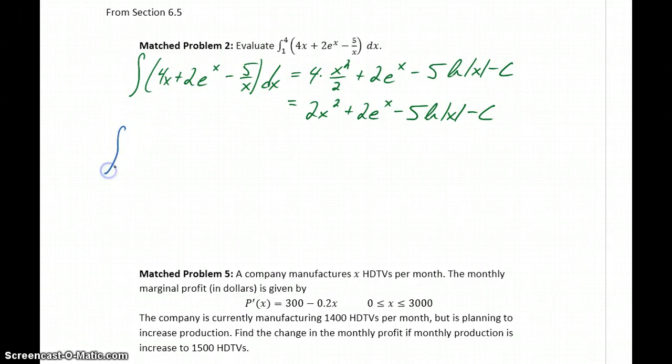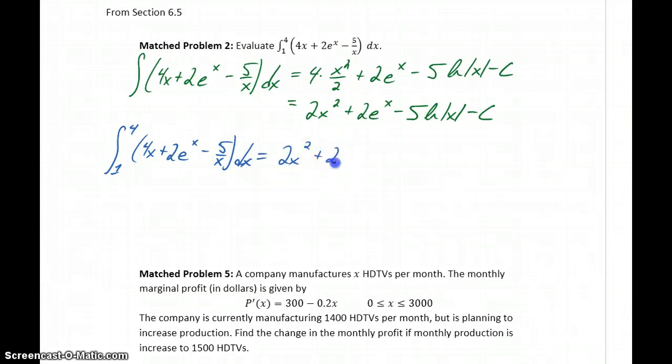So in our problem, we want to integrate from 1 to 4 this function 4x plus 2e to the x minus 5 over x dx. And we'll do that by evaluating 2x squared plus 2e to the x minus 5 times the natural log of the absolute value of x minus c.